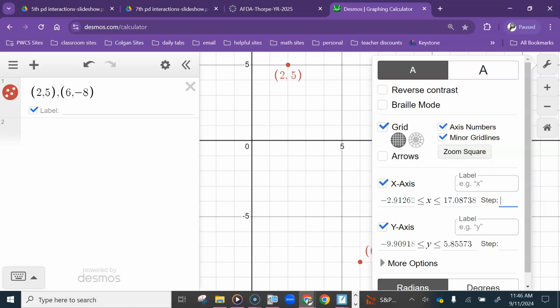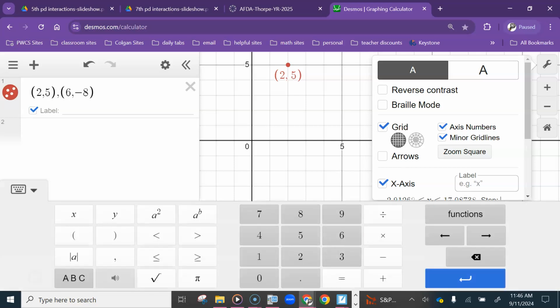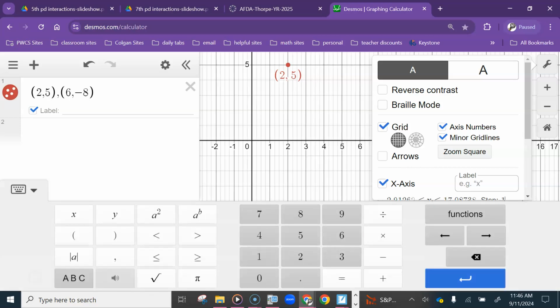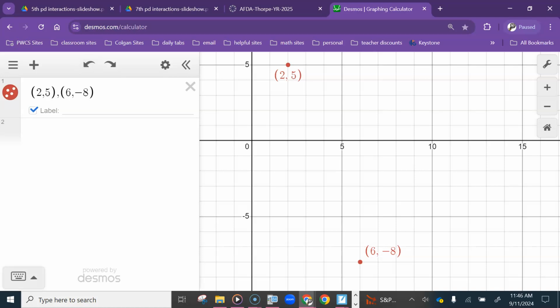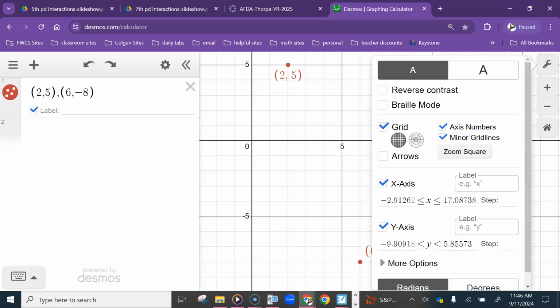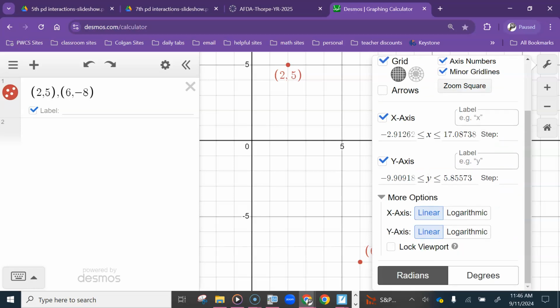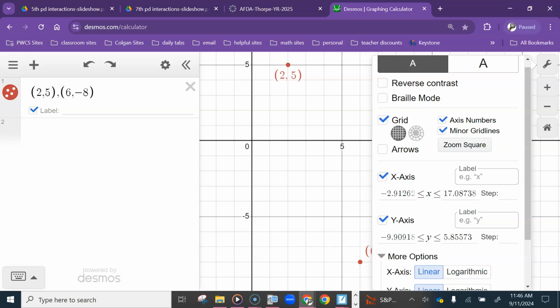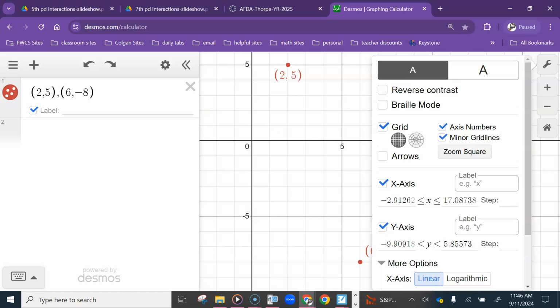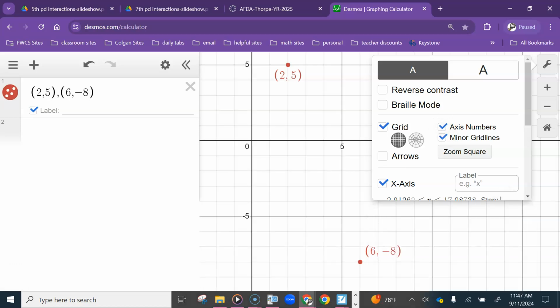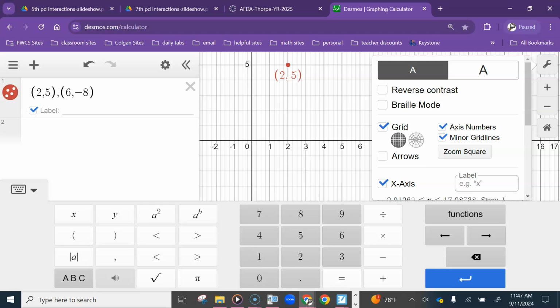I think it's this. No. I'll figure that part out. There's a way to add in the numbers that you want. Oh, I think it's also position.